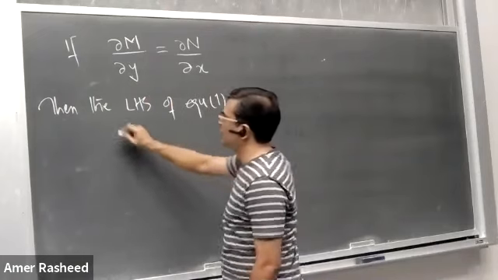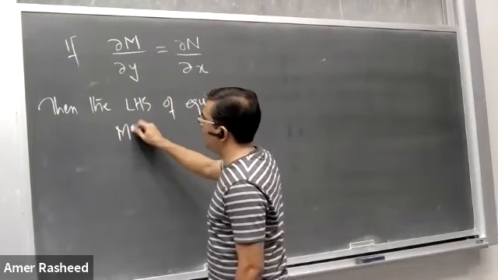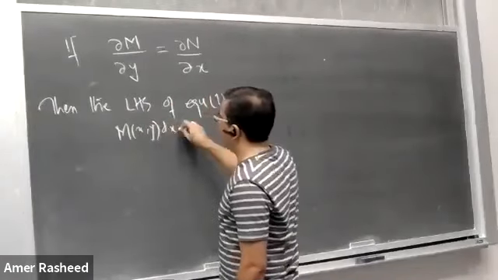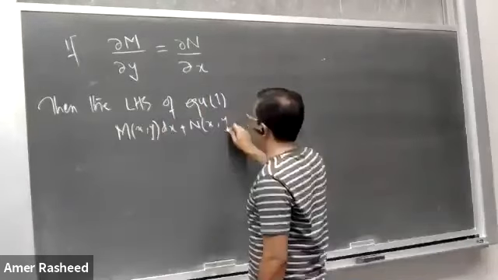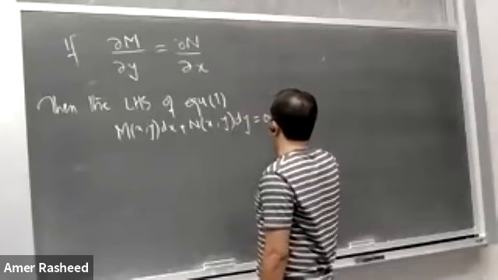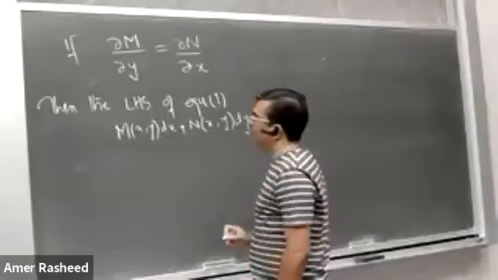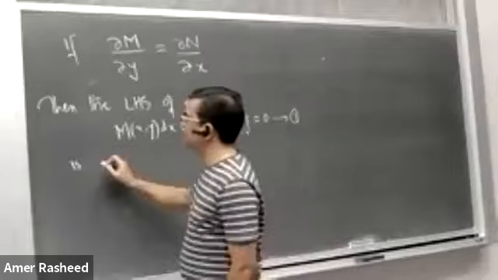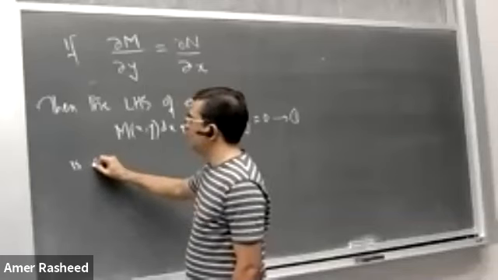Equation 1 is M(x,y)dx plus N(x,y)dy equal to 0. This is your equation 1. Then the left hand side of equation 1 is exact.